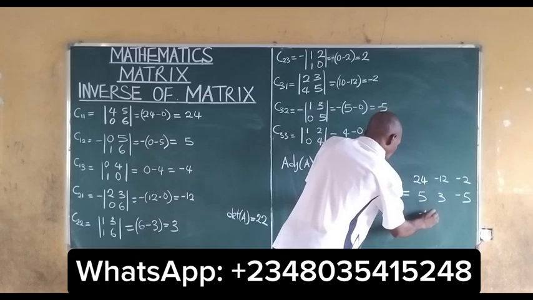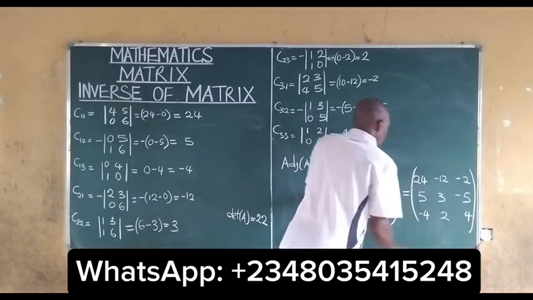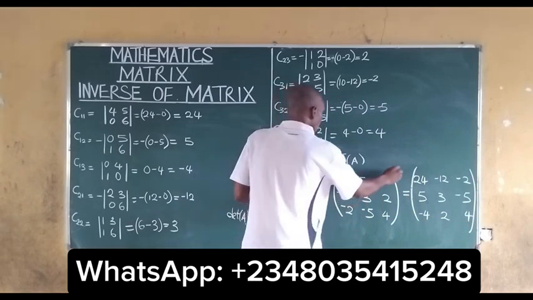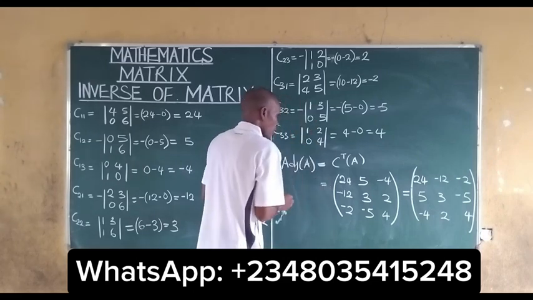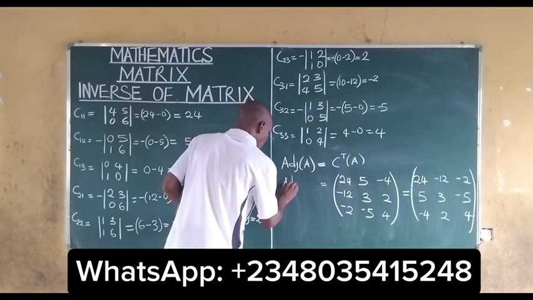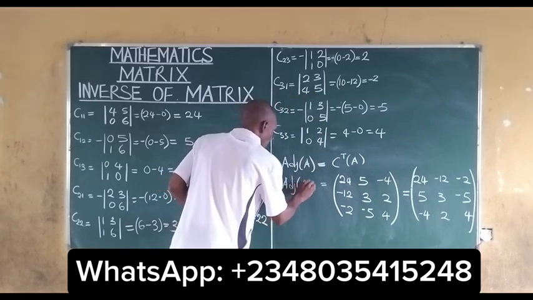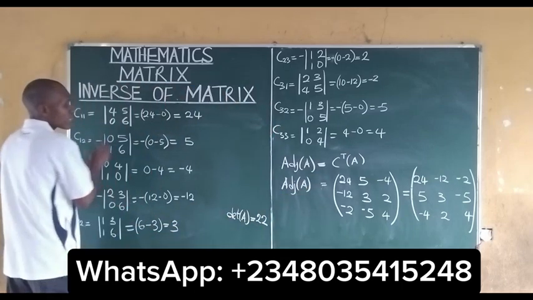Also, negative 4, 2, and 4. So this is our cofactor transpose, which is our adjugate of A.